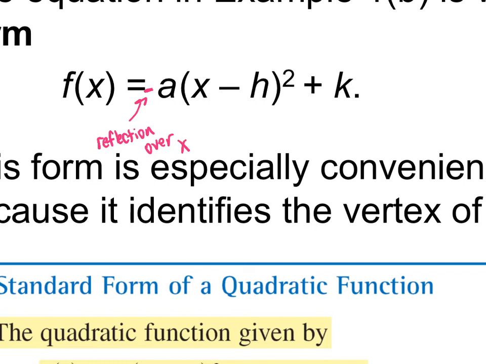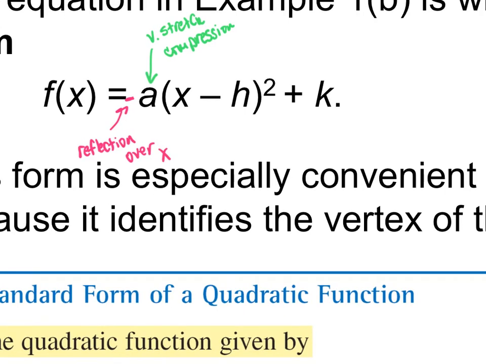Does anybody remember what a number outside in front of our function is going to do? Doesn't it make it wider or more narrow? Very good. Vertical stretch or a compression. If it's bigger than 1, it's a stretch. If it's between 0 and 1, it's a compression.